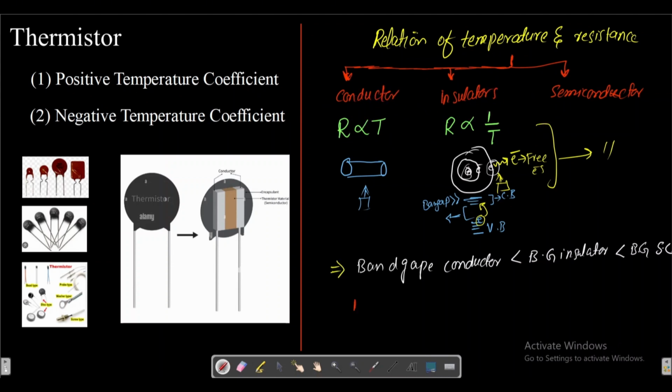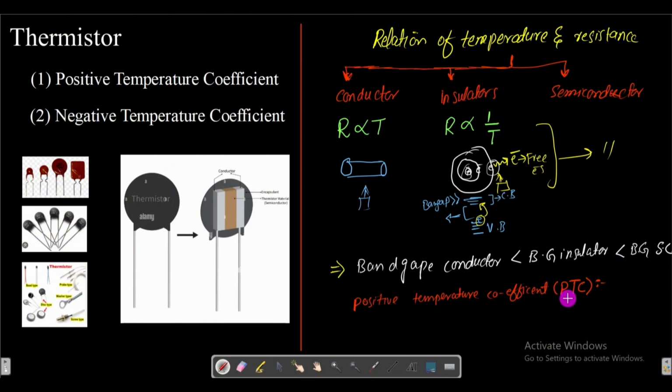So, positive temperature coefficient. We also call this PTC: P for positive, T for temperature, and C for coefficient. Now we will discuss what PTC is.